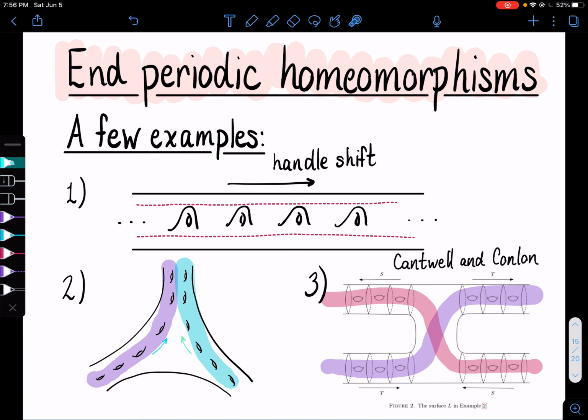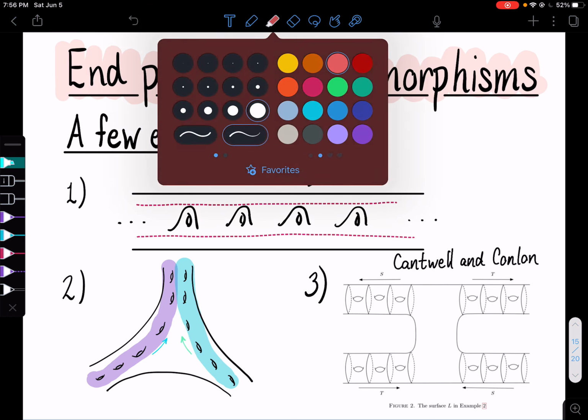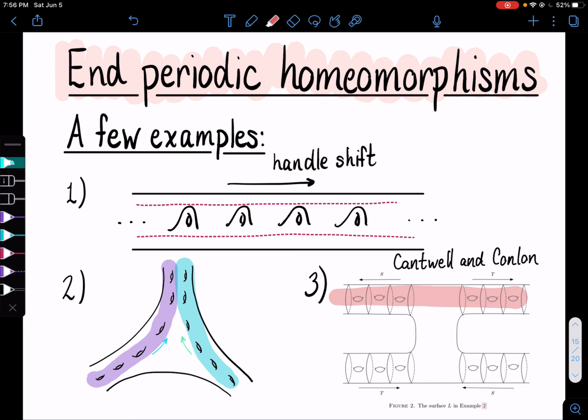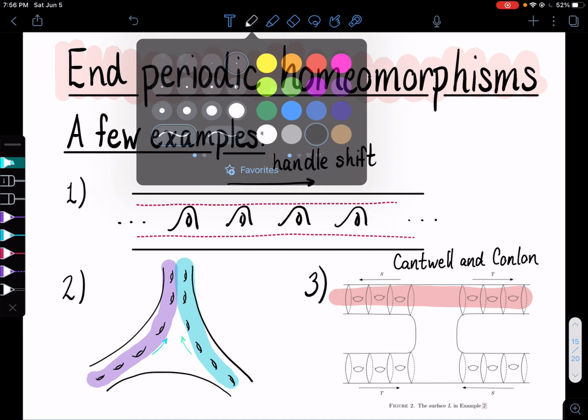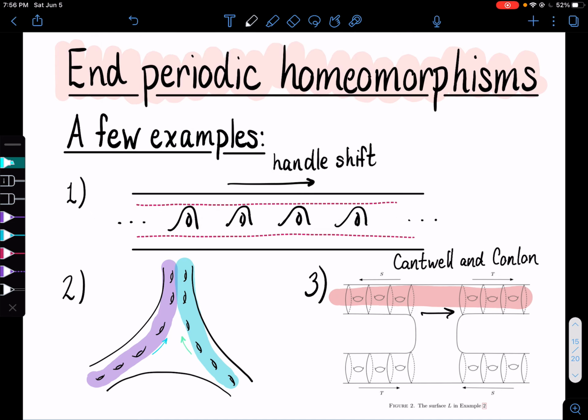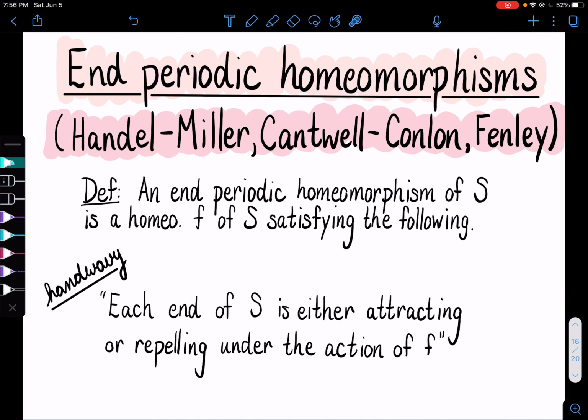For example, on this surface, we have a repelling end, and then an attracting end and an attracting end. If I had instead just put down a single handle shift like this, that was just shifting to the right, and I didn't do anything on this side, then this would not be an n-periodic homeomorphism, right? Because these ends over here would be neither attracting nor repelling. Okay, so it's important that I have this for each end.